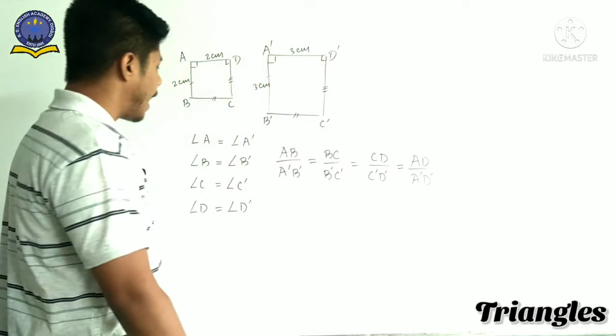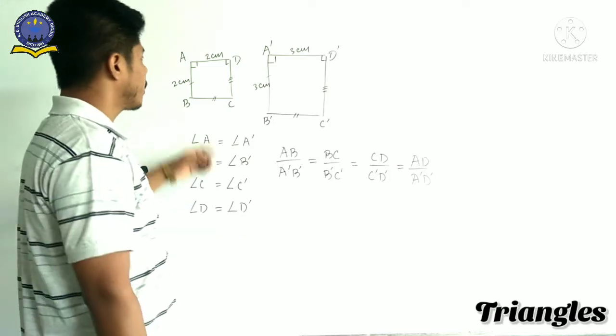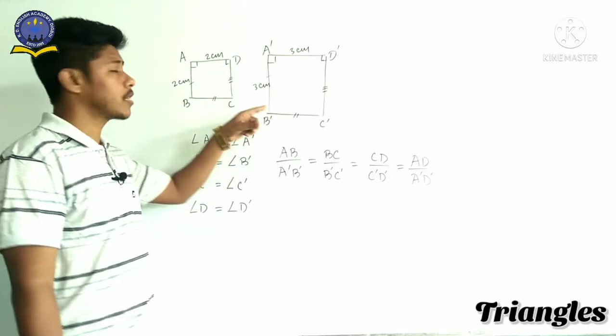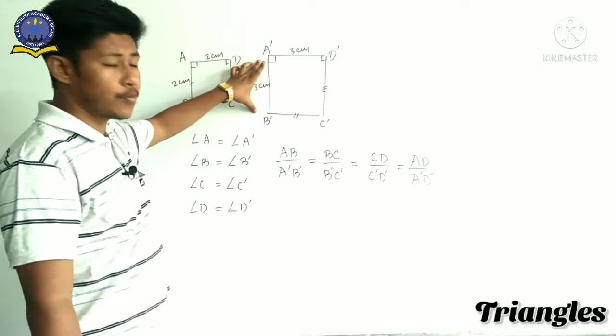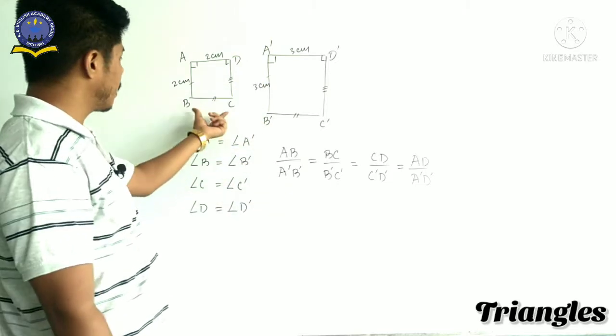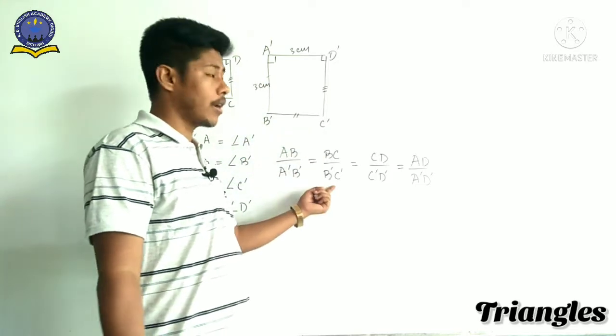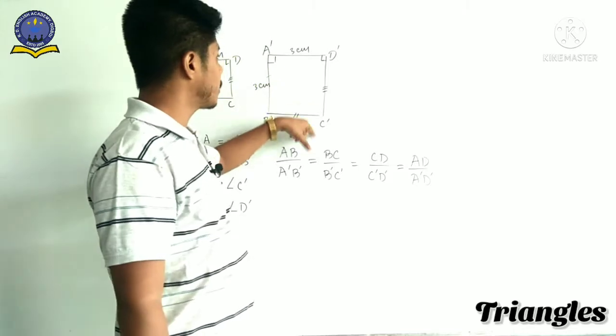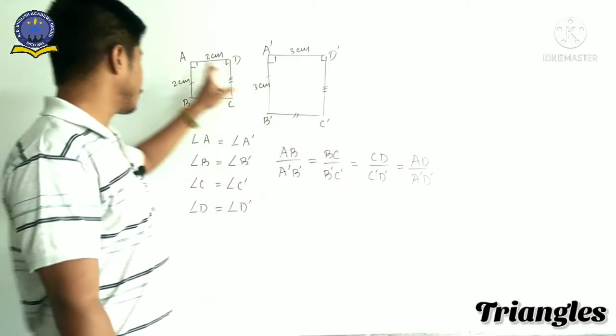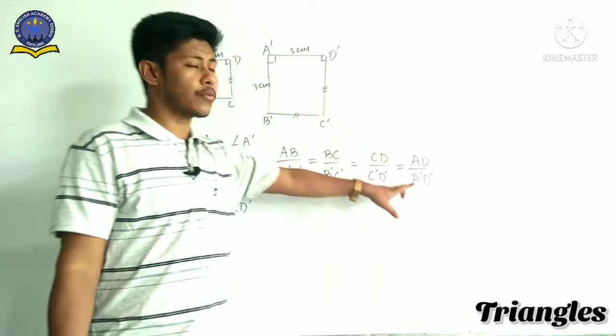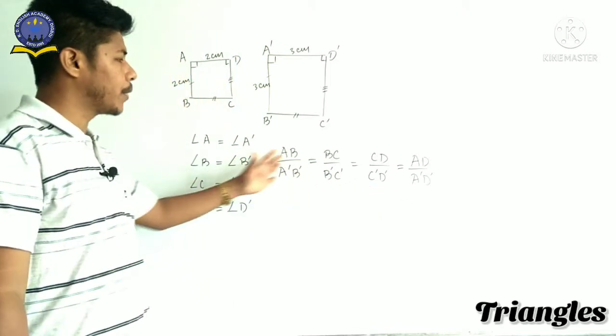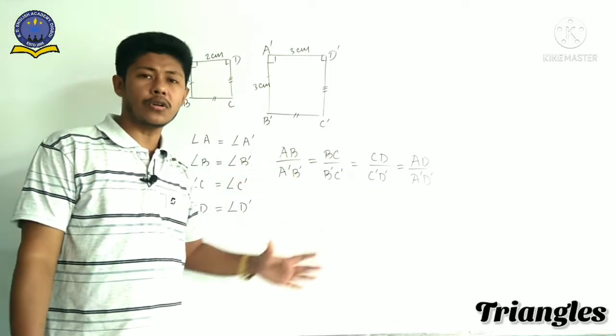And the second one is the ratio of their corresponding sides. So AB by A dash B dash, BC by B dash C dash, CD by C dash D dash, as well as AD by A dash D dash. The ratio of their corresponding sides are also equal.